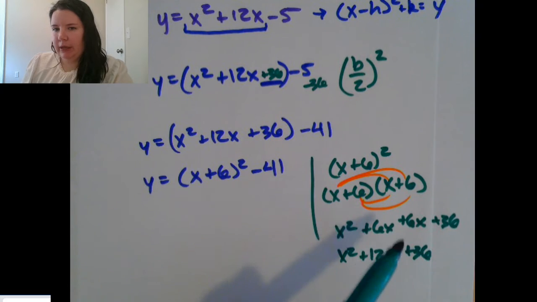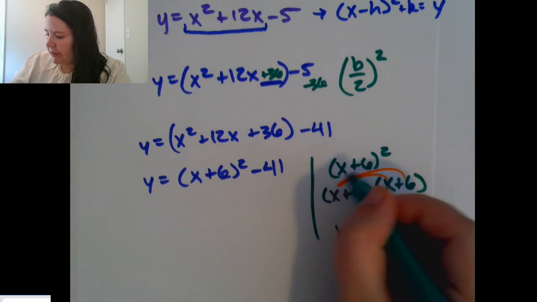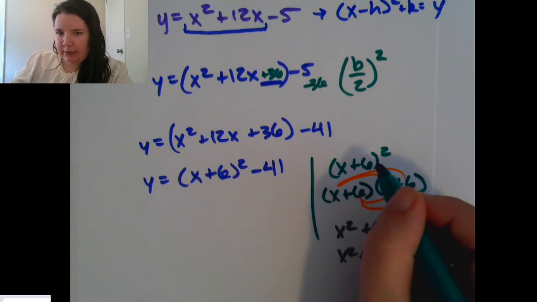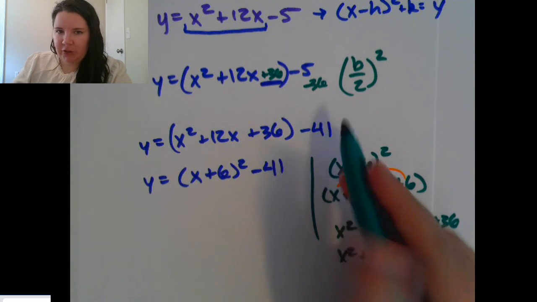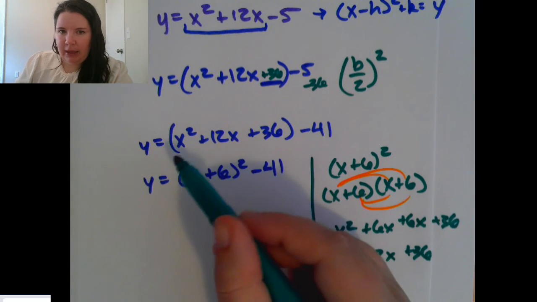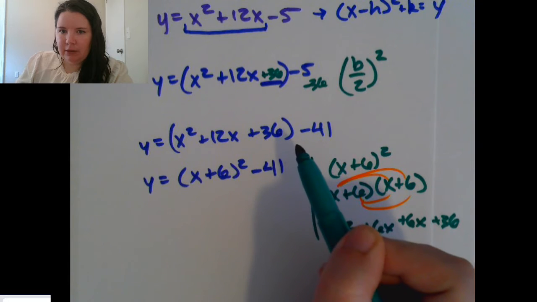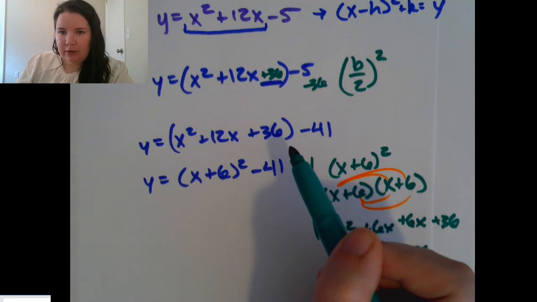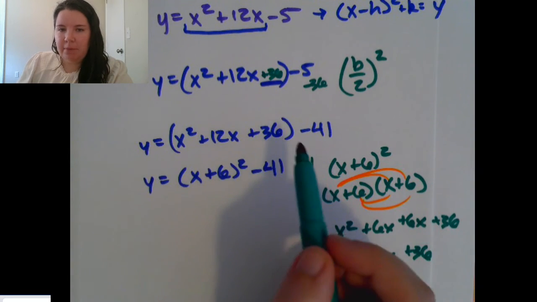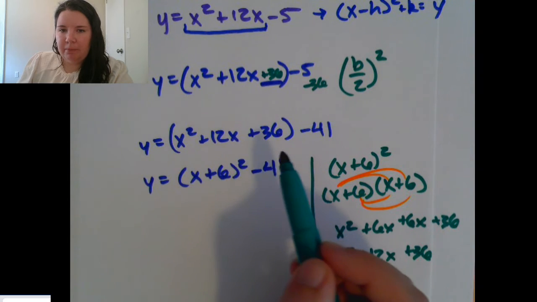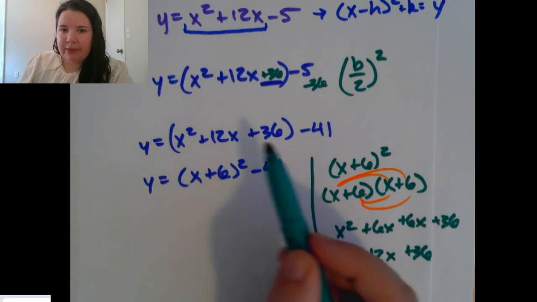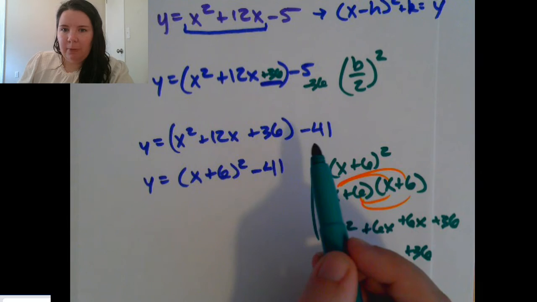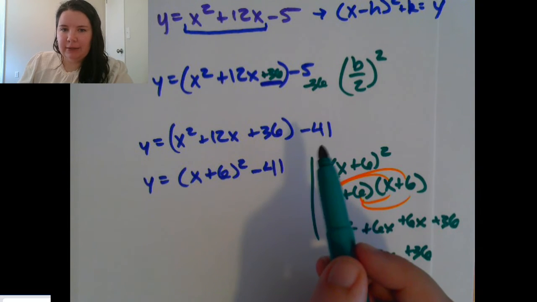So what I'm showing is that x plus 6 squared is the same information as this piece. And I made up for adding this 36 by also subtracting 36.